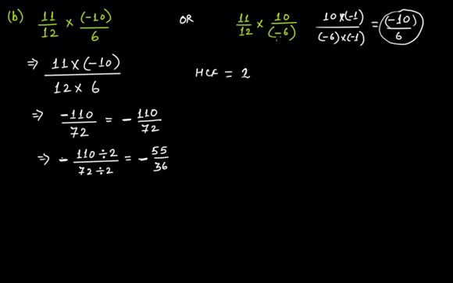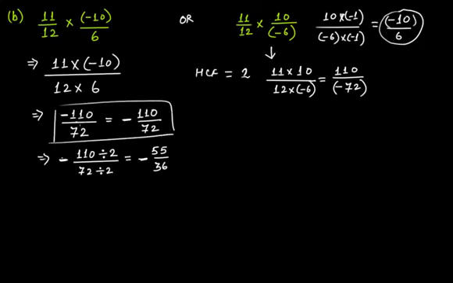Now, if we had multiplied 11 times 10 and then 12 times minus 6, then we would have got 110 over minus 72. Right? Everything is the same. Now, remember, we have discussed that even this one can be written with the minus sign here.